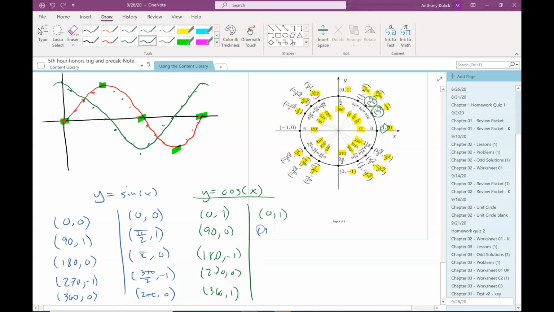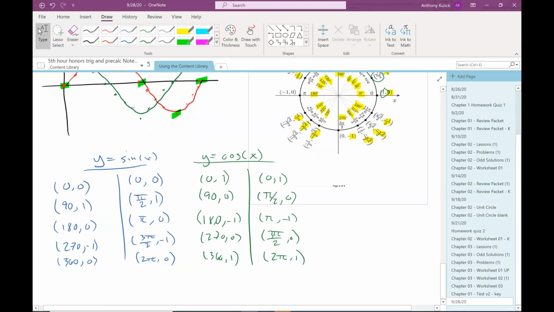Or if we're doing this in radians, so these ones are the key points. So whenever we're graphing a sine or cosine function by hand, these are the points that we're going to be using to do our transformation.